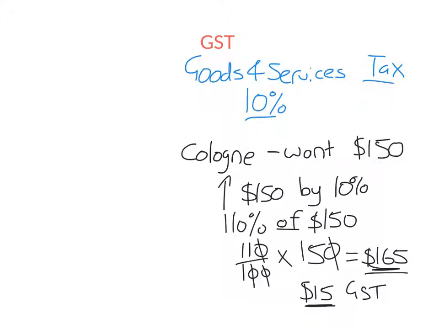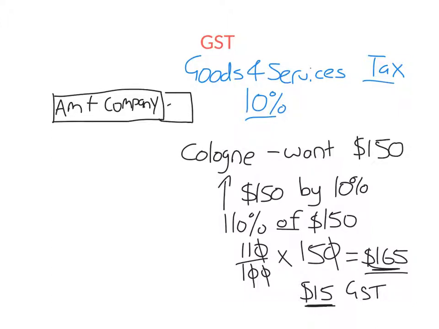And the reason is this: whenever you have the price, this is the amount the company gets, the amount that whoever's selling it gets, and then you have a little bit of GST added on, okay? But the GST is only 10% of what the company gets. So if you like, GST is one part, and the amount the company gets is 10 parts.